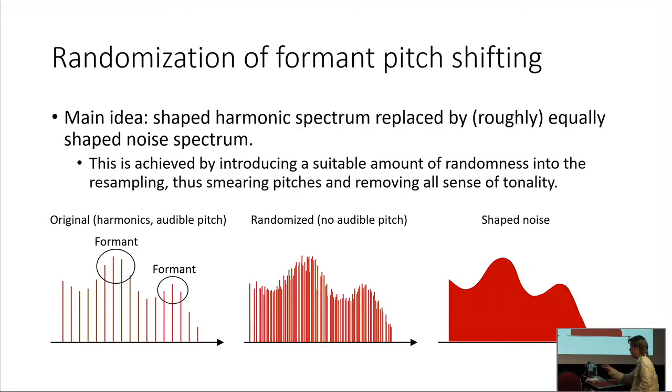So then you end up with this kind of non-tonal cluster of frequencies in the center, which in turn approaches shaped noise. And shaped noise is what you get if you whisper. Those are different vowels, but they are just whispered. They don't have any harmonics. And this is shaped noise, what you have there on the right side.